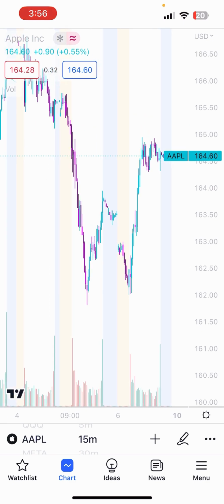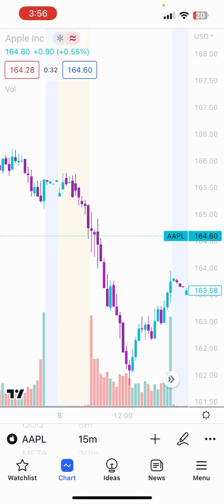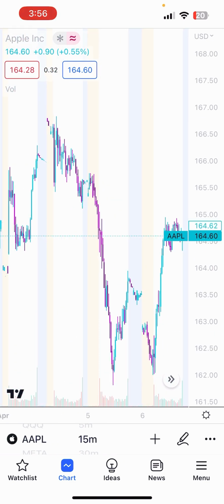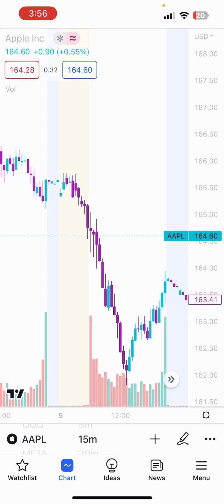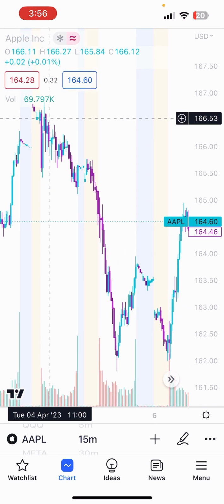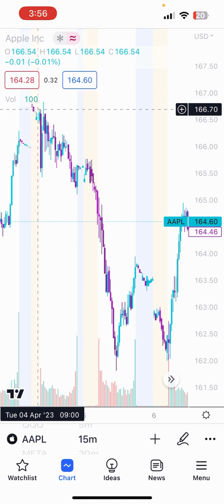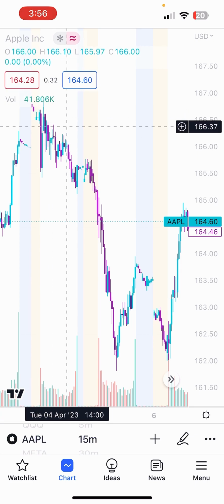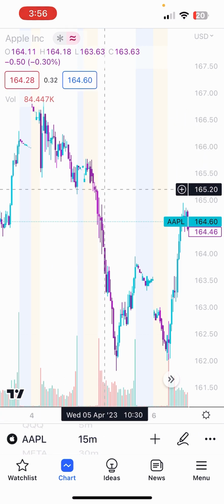All right, so right here you can see the start of this move, right? The move started right here, where you can see a lot of red candles or a lot of green candles just one after another. That is what's considered the supply and demand zone.